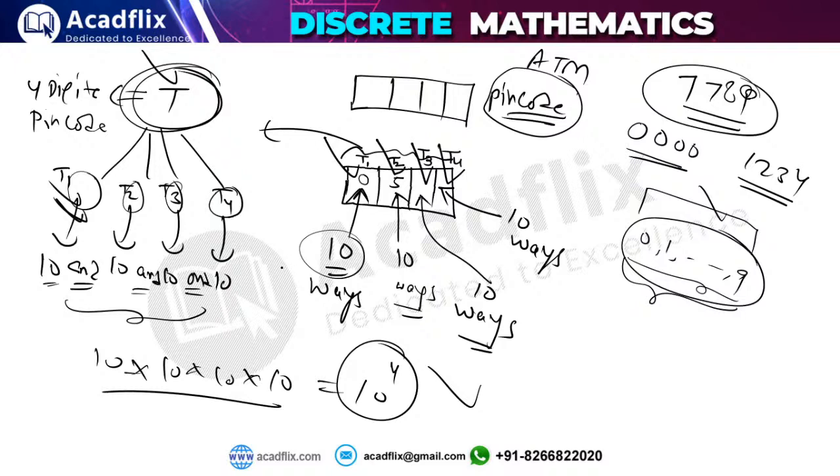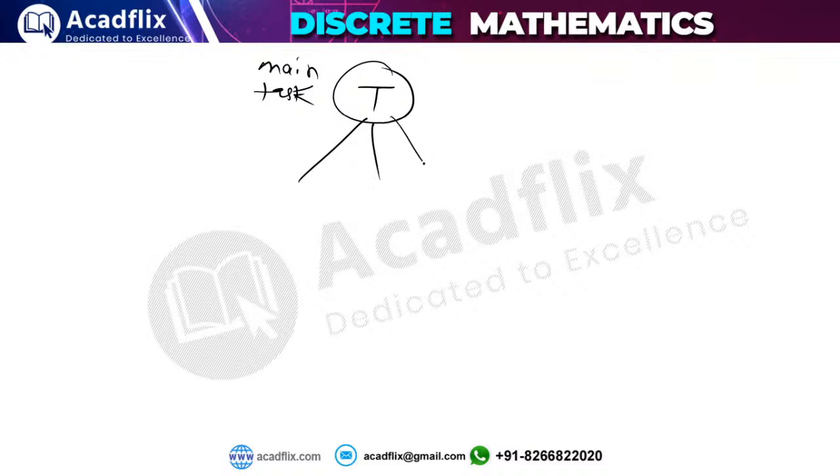So this is the product rule. Product rule basically says that whenever you have this type of situation, this is your main task, and it can be divided into, let's assume, T1, T2, T3, T4. Let's assume this task T can be divided into 4 tasks, and you need to complete all the tasks.